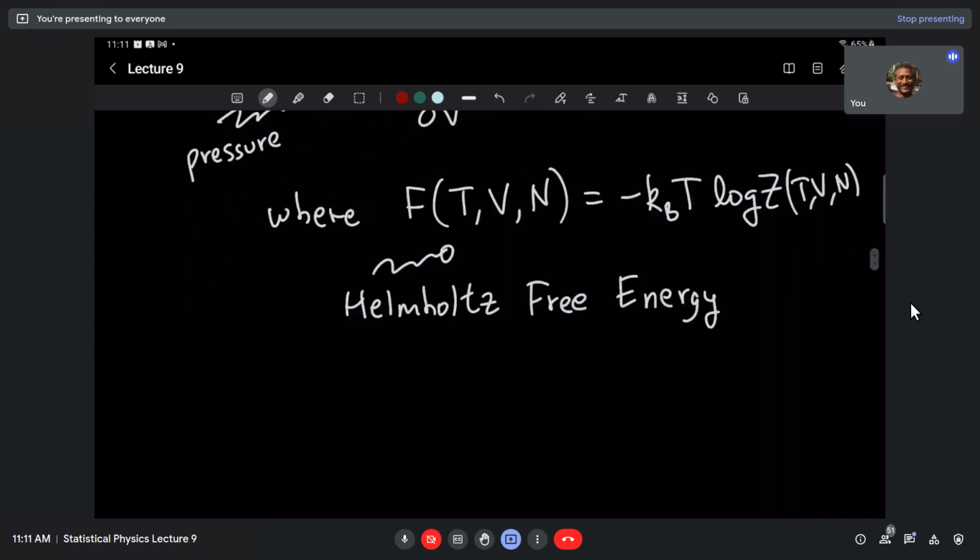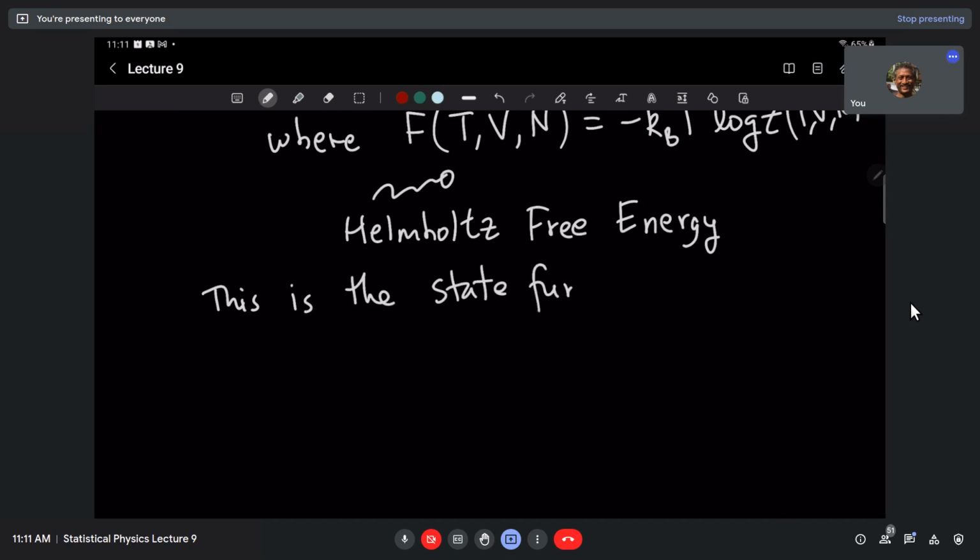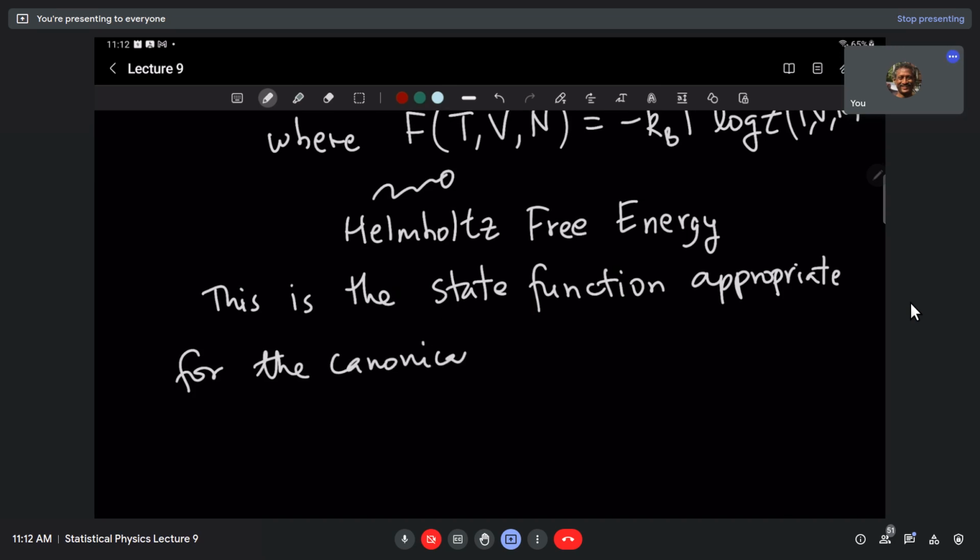And so the idea here is that this is the state function appropriate for the canonical ensemble in thermodynamics.